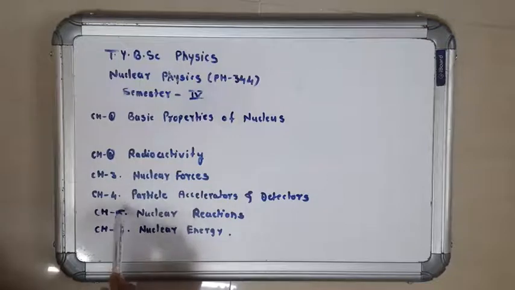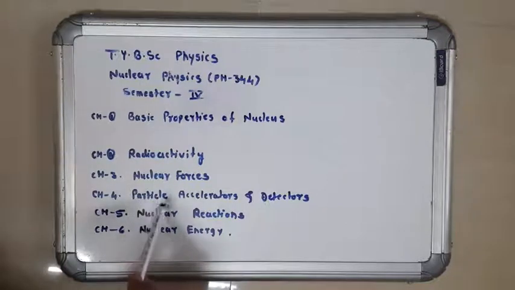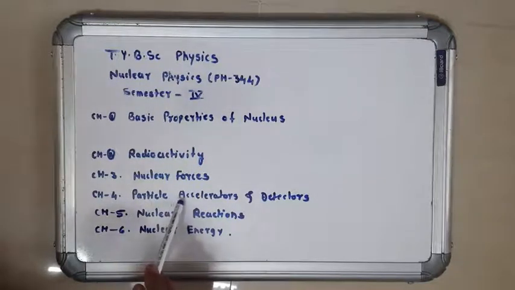Then fourth one is particle accelerators and detectors. In India, there are several types of accelerators and detectors available. In the fourth module, first of all we introduce particle accelerators, linear and cyclic, and the classification of nuclear detectors.